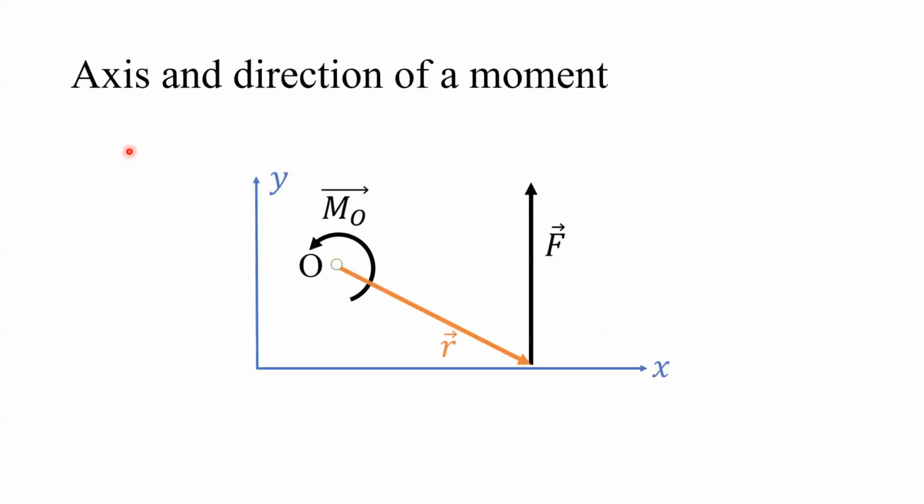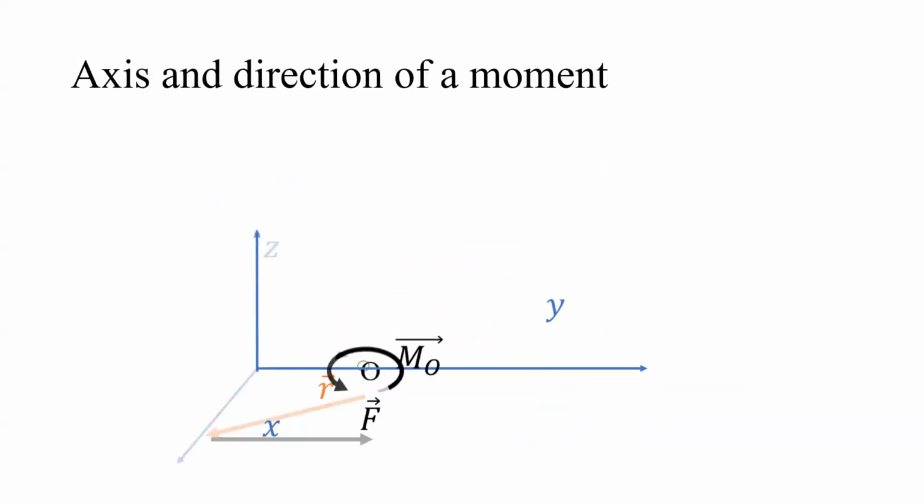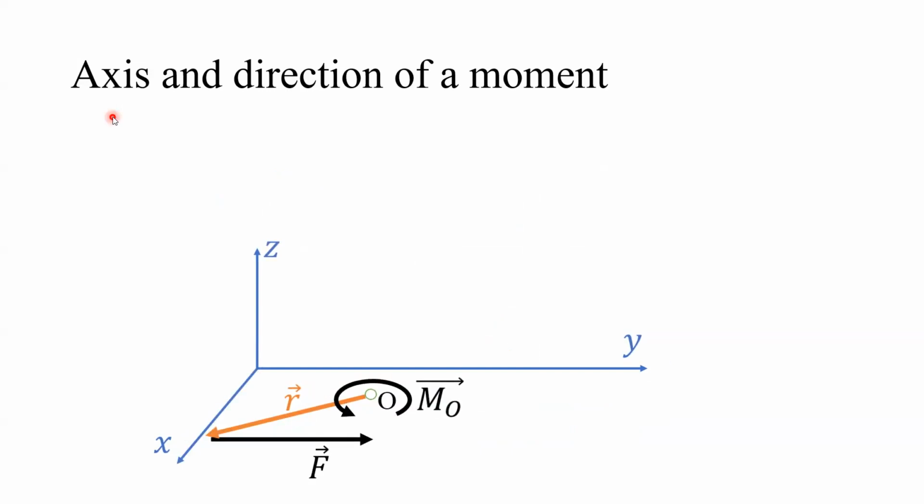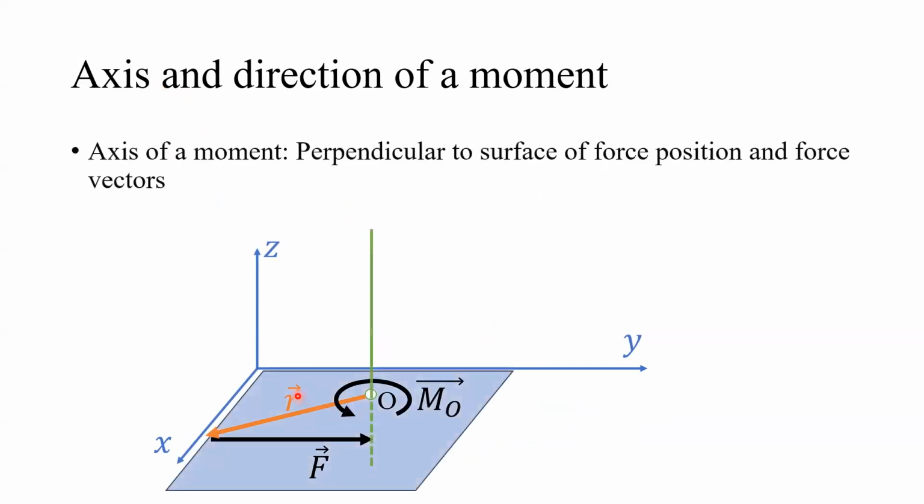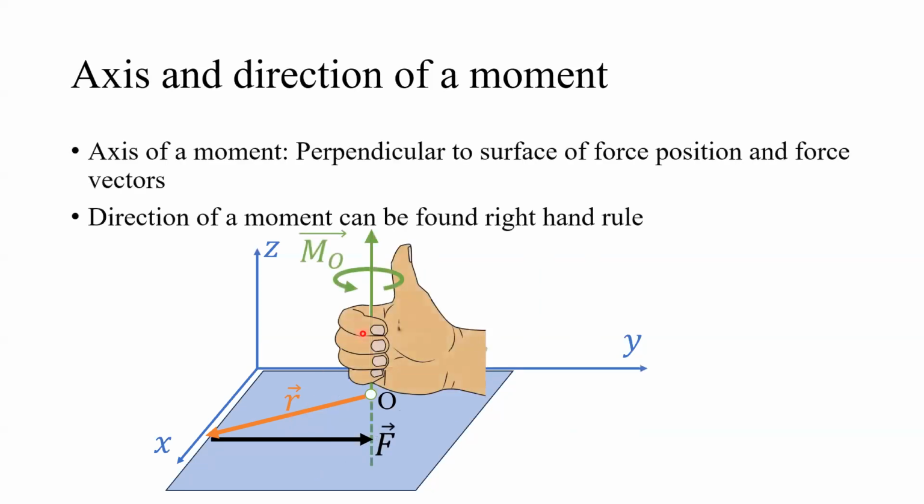If we try to find the axis of the moment, we need a 3D coordinate system, and the axis of the moment is perpendicular to the surface where the force and position vector are available. To determine the direction of the moment, we can use the right-hand rule.